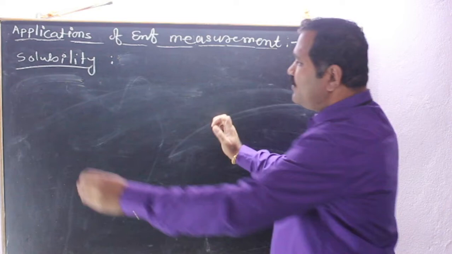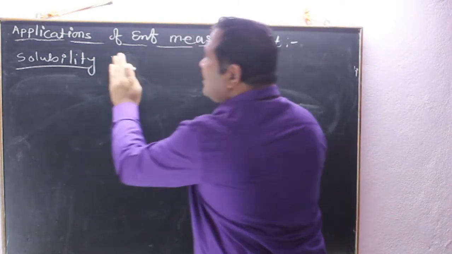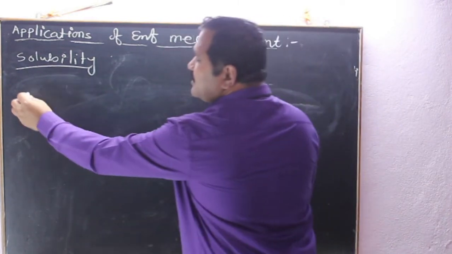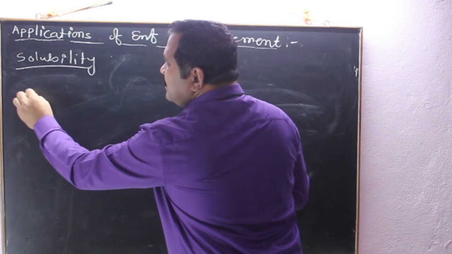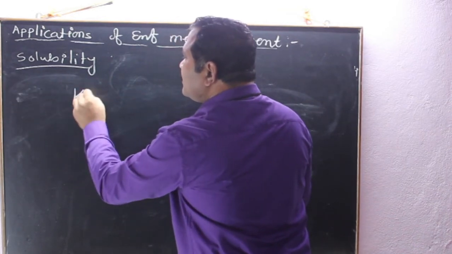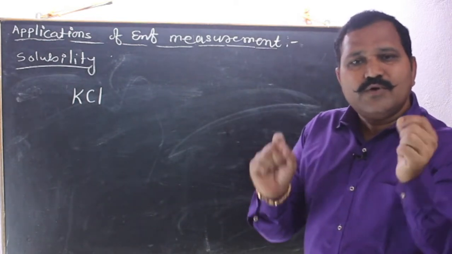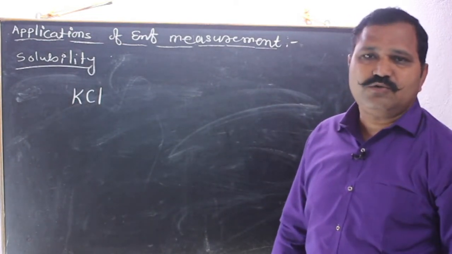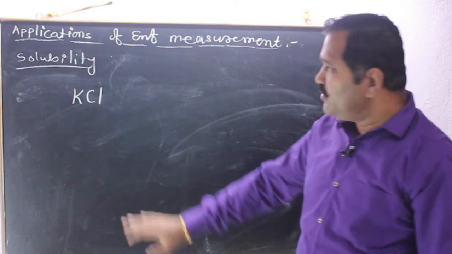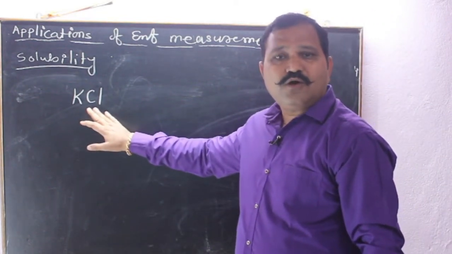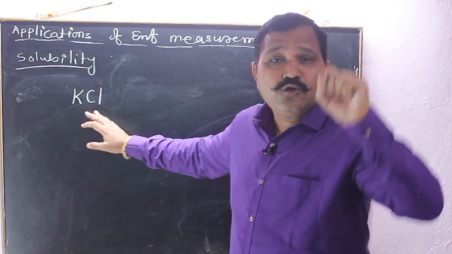Yes? Okay. Now what we are doing here, we are considering a KCl solution, and in that KCl solution we are adding a drop of AgNO3 solution. We are taking KCl solution of known concentration, known activity.